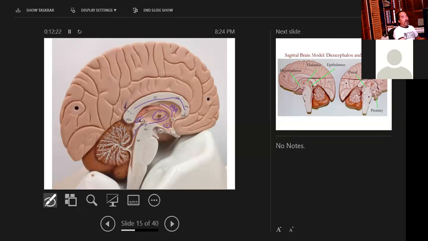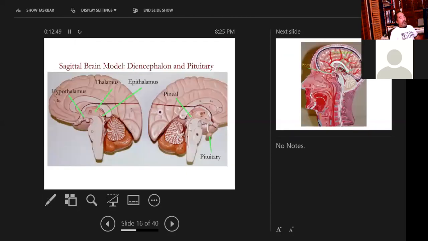This is going to be the superior colliculi of the corpora quadrigemini of the midbrain, inferior colliculi. This is the cerebral peduncle of the midbrain, and then it goes to the fourth ventricle. That fourth ventricle has the pons, medulla oblongata, and the cerebellum. And the small white lines here are your arbor vitae. The white matter is called the arbor vitae.